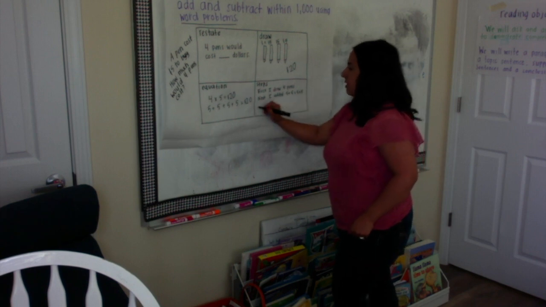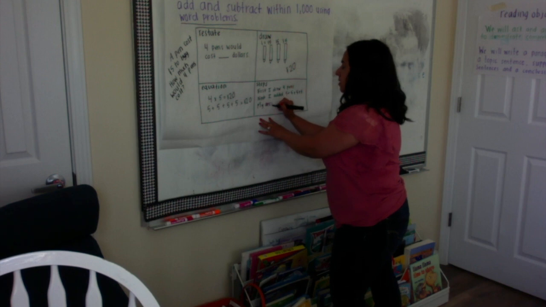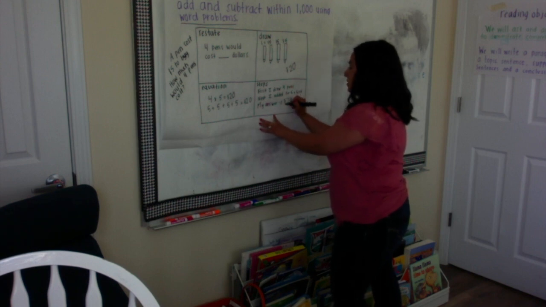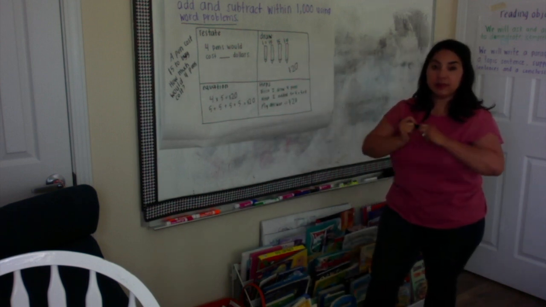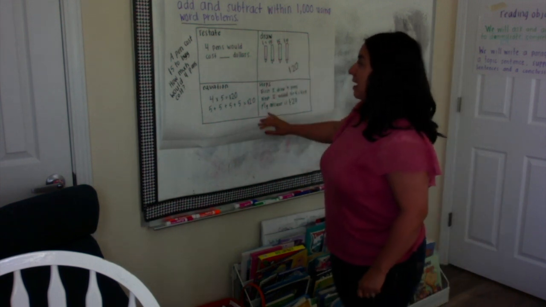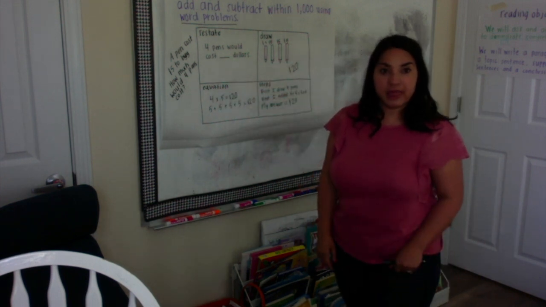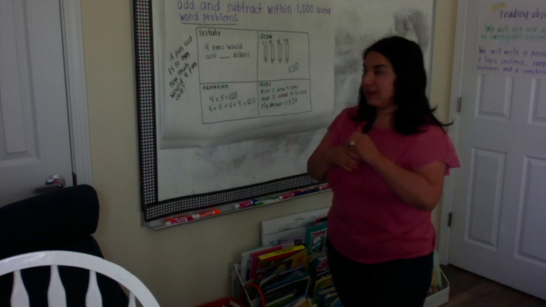And you said my answer is $20. So I hope that you have been saving because those are pretty expensive pens, right? So this is a way a multiplication problem would look like. Okay? That was a great job.